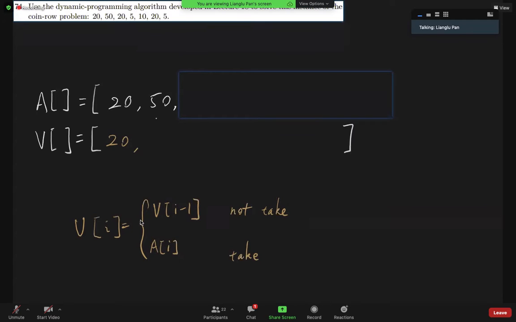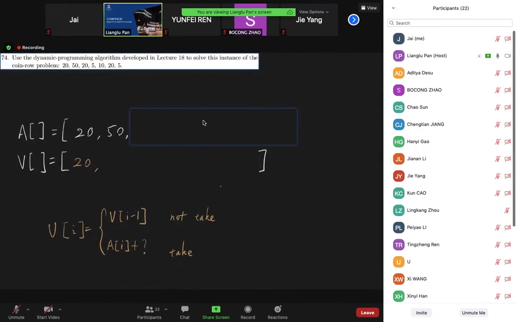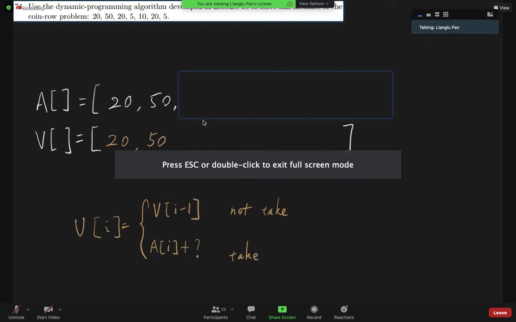In this particular case, when we are looking at this 50 cent coin, looks like if we take this 50, we cannot take any other coin because we only have 2 coins available, right? So I'll just put A[i] here, but I'll put a question mark here indicating that maybe we can take something else, but in this case, looks like we can only take 50, right? Then we have 50 here.